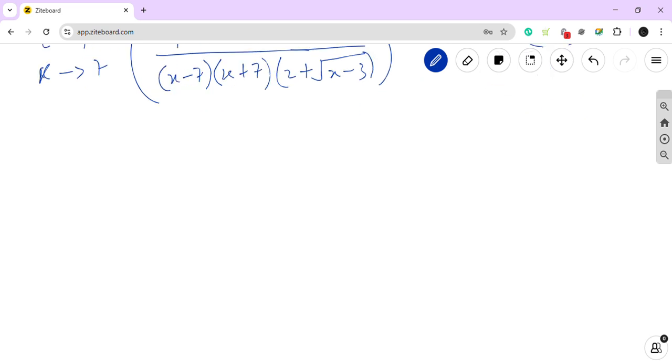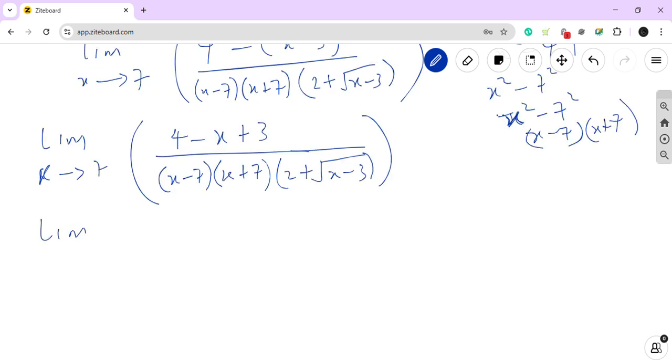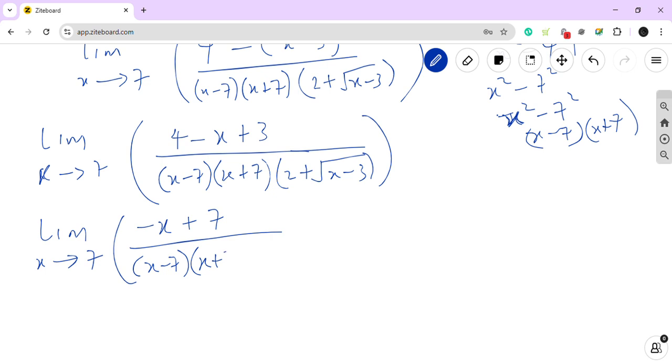Alright, and that gives the limit; don't forget x tends to 7 is there until you substitute and remove that limit. Once you've not substituted, you keep writing that limit. So this gives minus x plus 7 over x minus 7, x plus 7, into 2 plus root x minus 3.